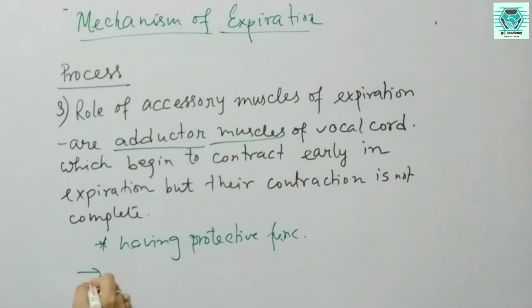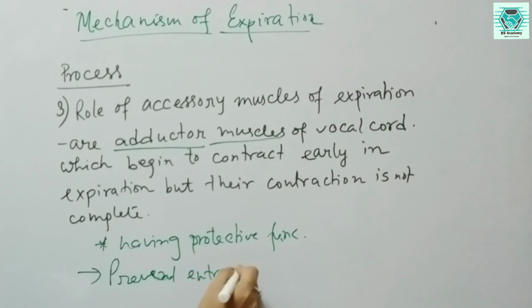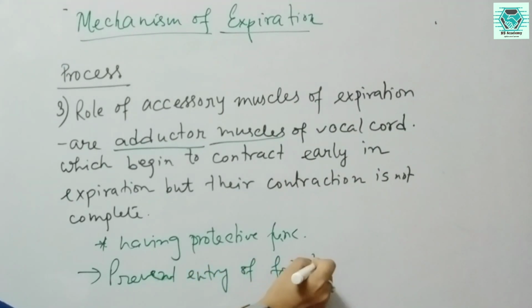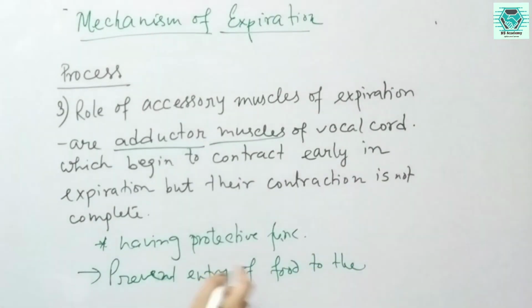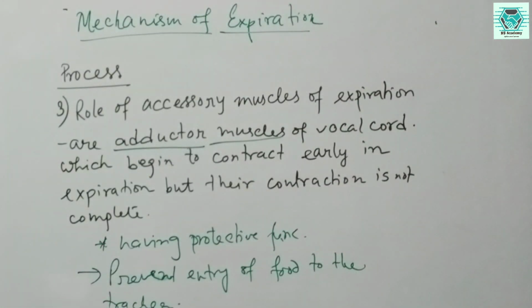So if somehow the adductors are paralyzed, fluid and food enter the trachea, causing aspiration, pneumonia and edema. So their role is protective.